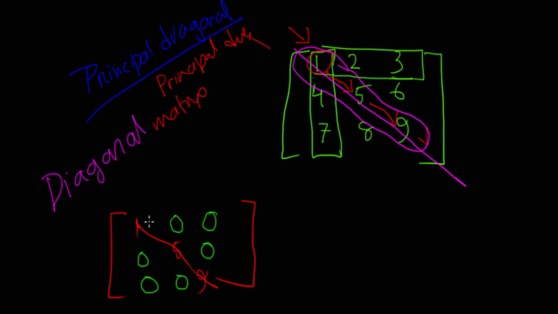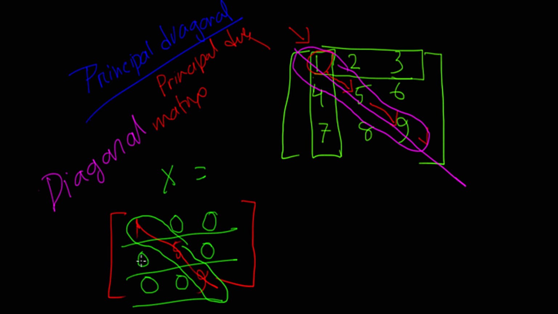For example, I've given this x equal to this, see that all the elements of that matrix are 0 except those in the principal diagonal. What is the principal diagonal? The diagonal passing through the common element of the first row and the first column. So the diagonal matrix, the principal diagonal, and the order of a matrix are known to you.